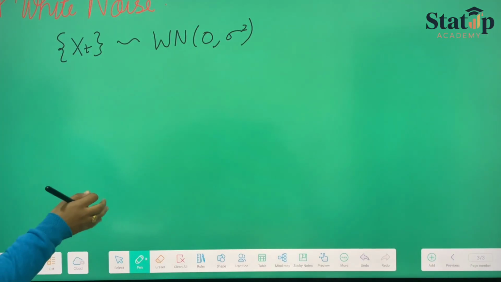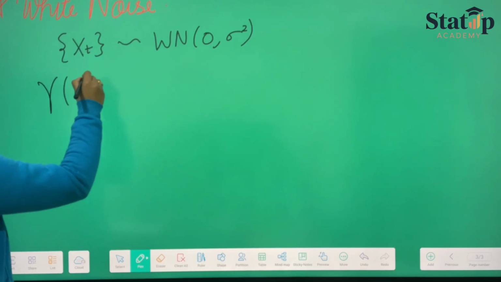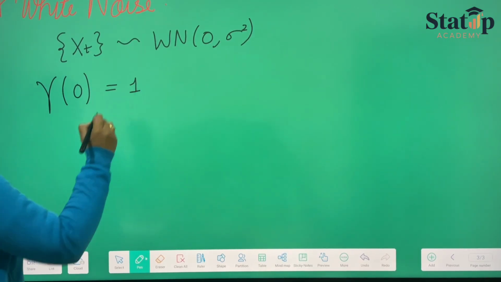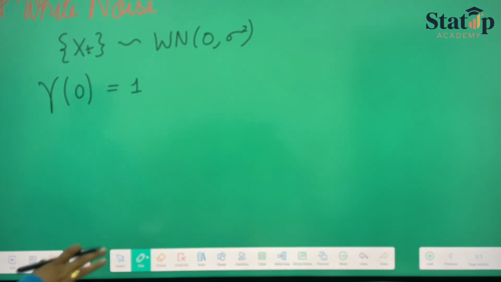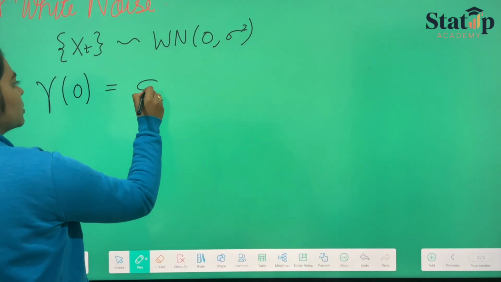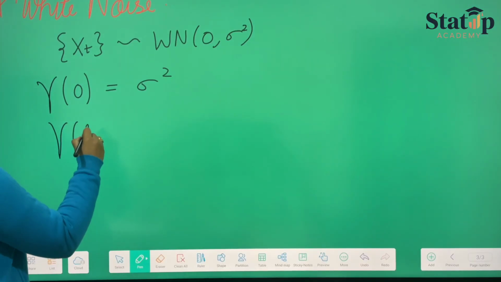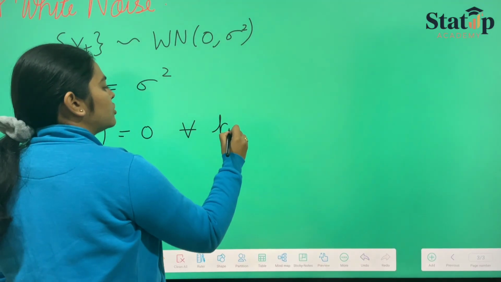Now we know that for white noise, gamma 0 would be equal to sigma square and gamma h equals 0 for all h greater than 0.